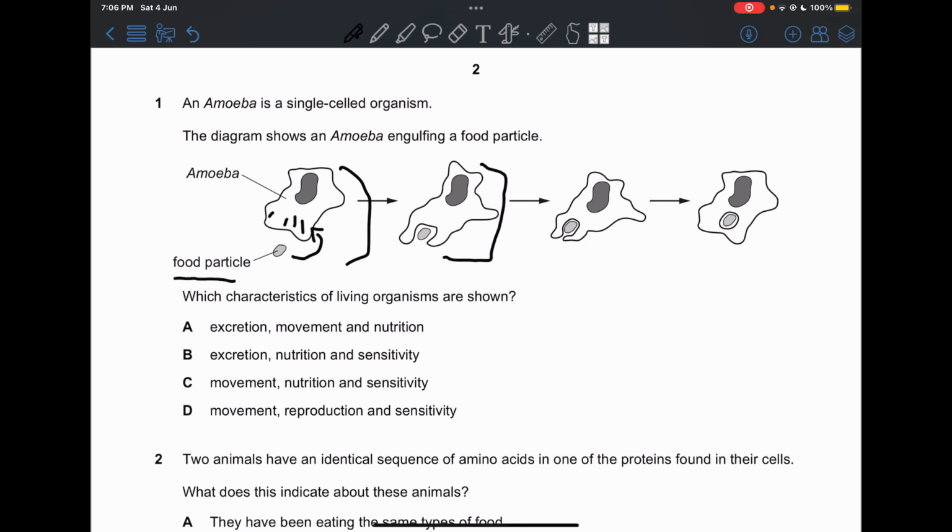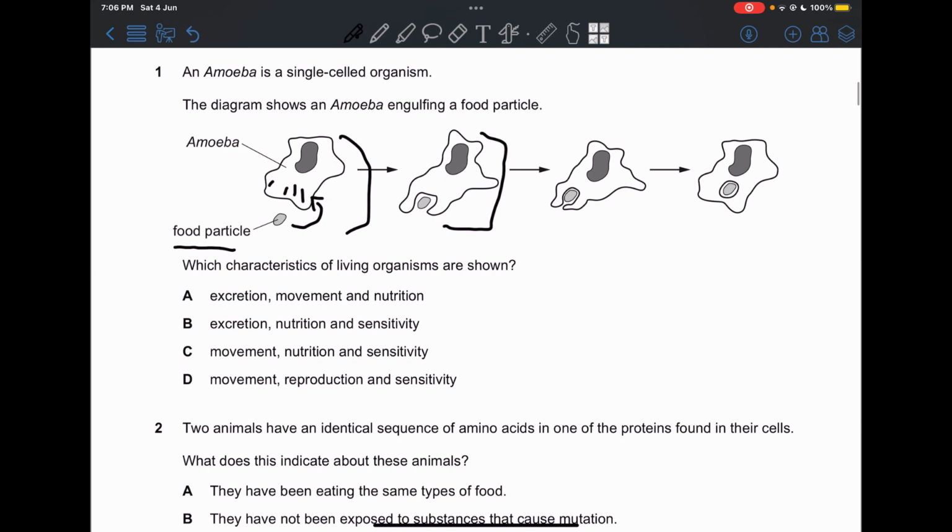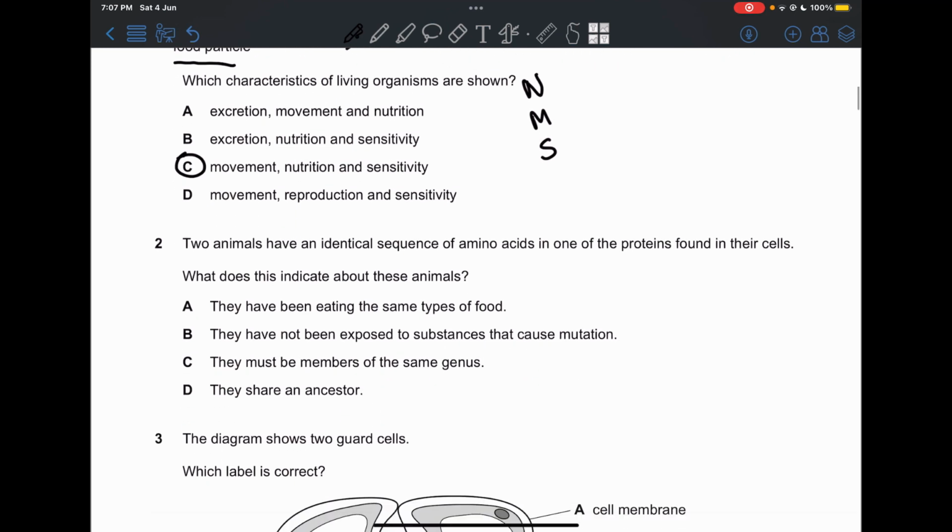It's doing all of this movement so it can, in the end, gain some nutrition and eat. So we're going to be choosing an option with nutrition, movement, and sensitivity. So let's check which option has whatever I just said. Now C has the options, so that's going to be the answer.